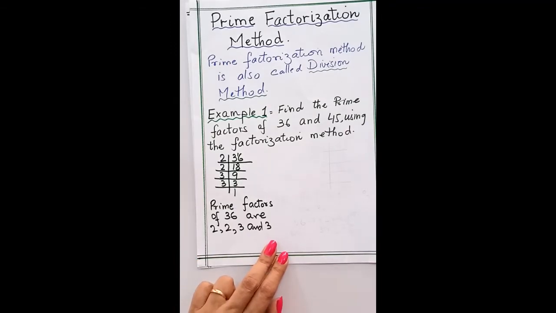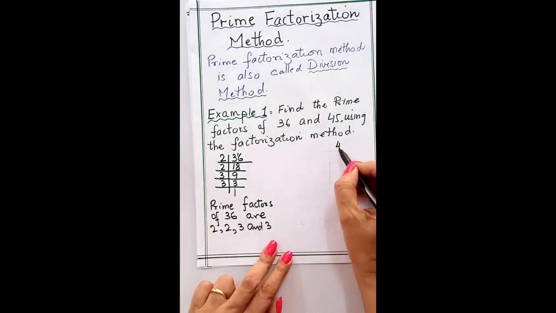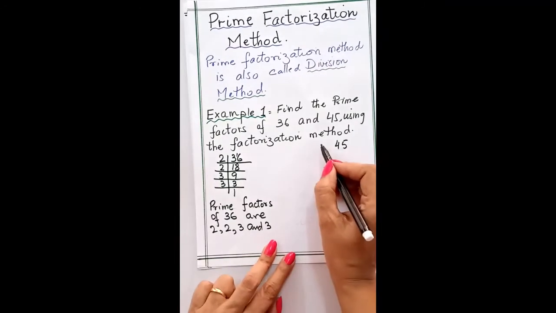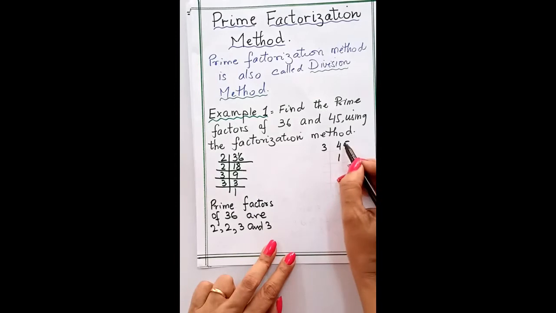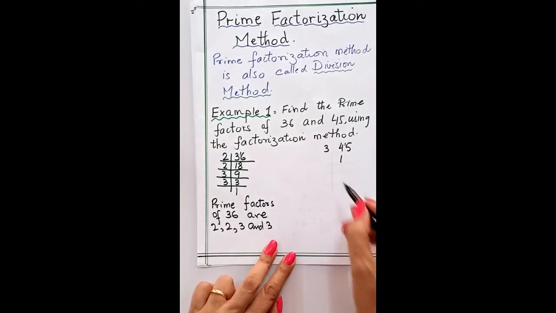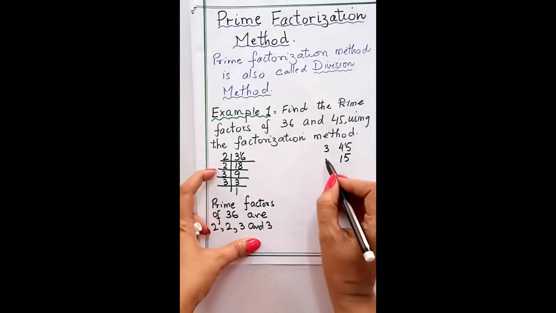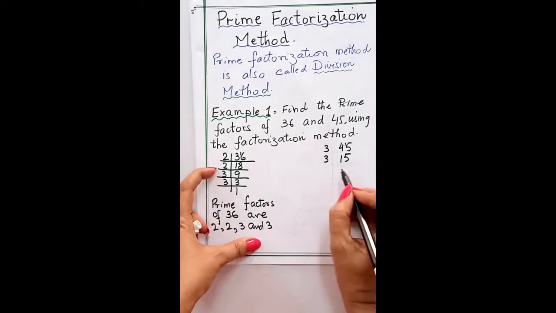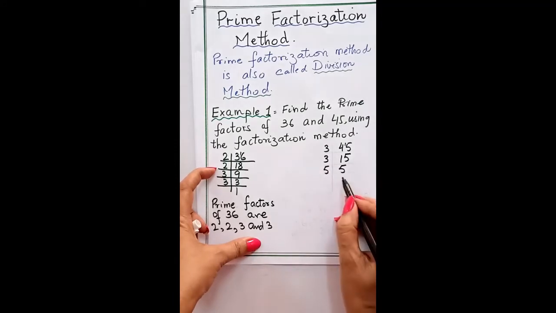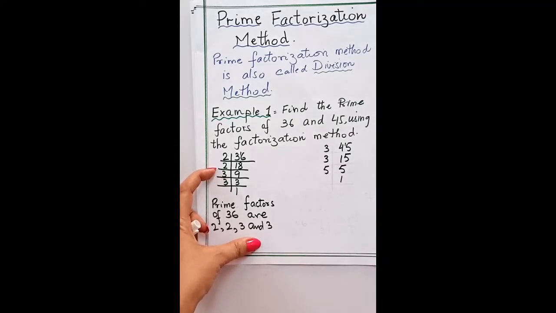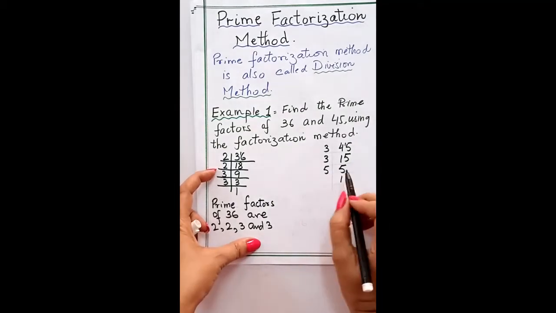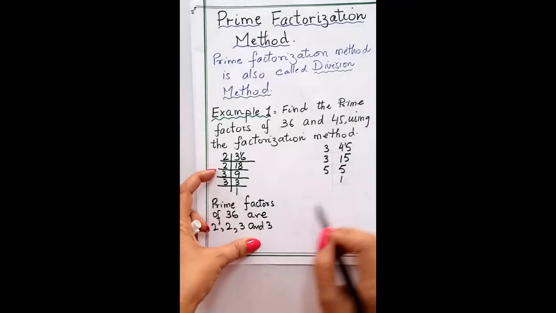Now the next number is 45, and 45 is an odd number. It can be divided by 3. So 3 ones are 3, 1 is left. Now 5 becomes 15. 3 fives are 15. Now 5 ones are 5, because 5 only comes in the table of 5 or 1.